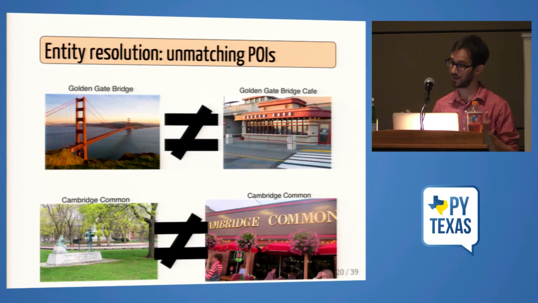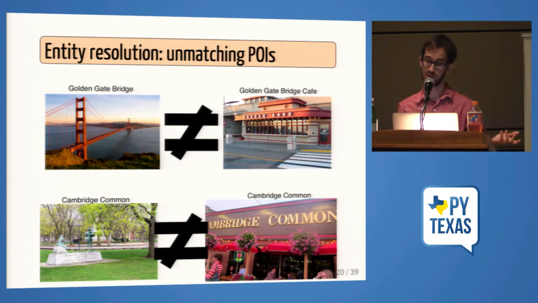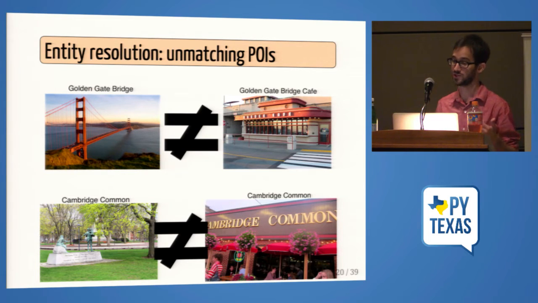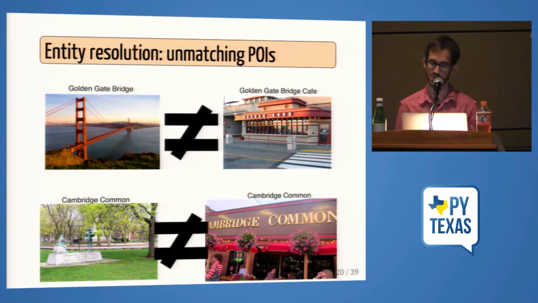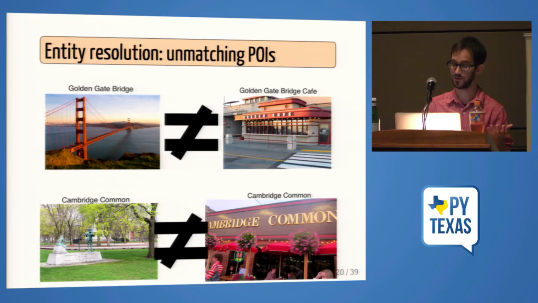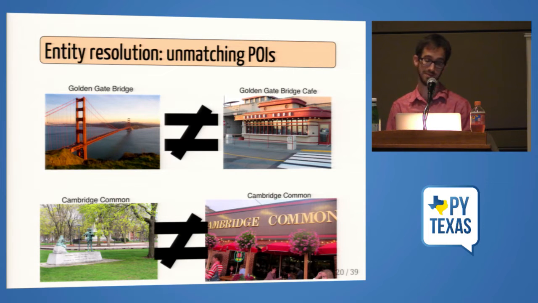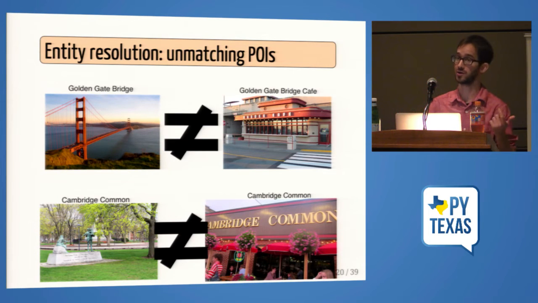Things that we wouldn't want to match are the Golden Gate Bridge and the Golden Gate Bridge Cafe. They have a very similar name, but obviously it's not the same place. Another example is, well, I'm from Boston, and there are 2 POIs in Cambridge. One of them is the Cambridge Common Pub or bar, and the other one is the Cambridge Common Park.